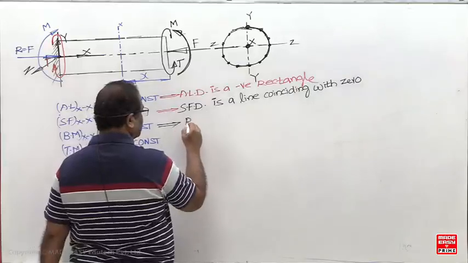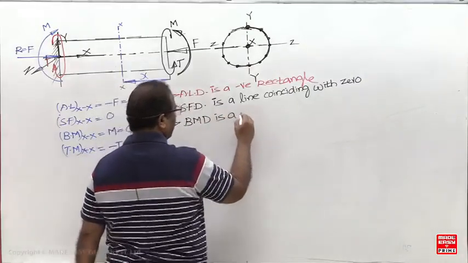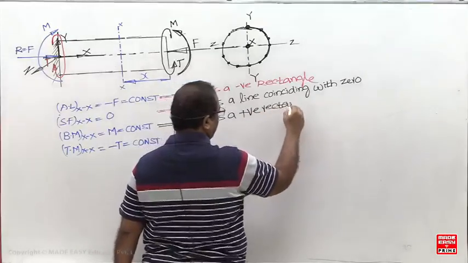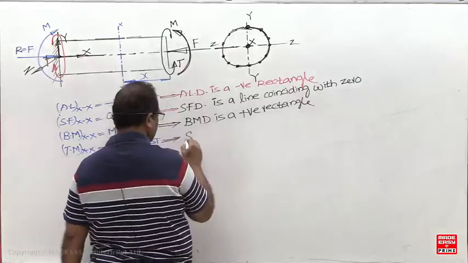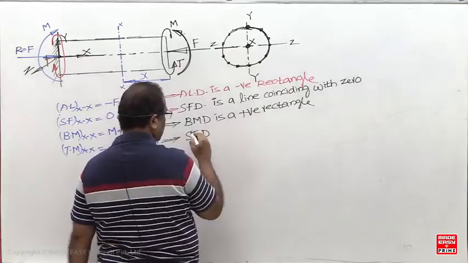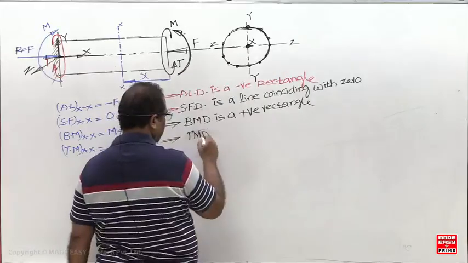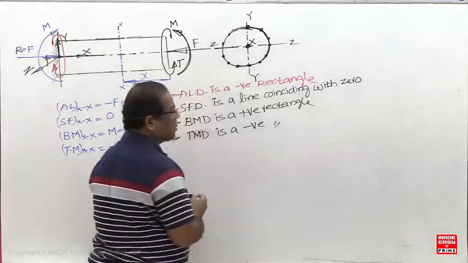BMD is about now. Positive rectangle. TMD is a negative rectangle.